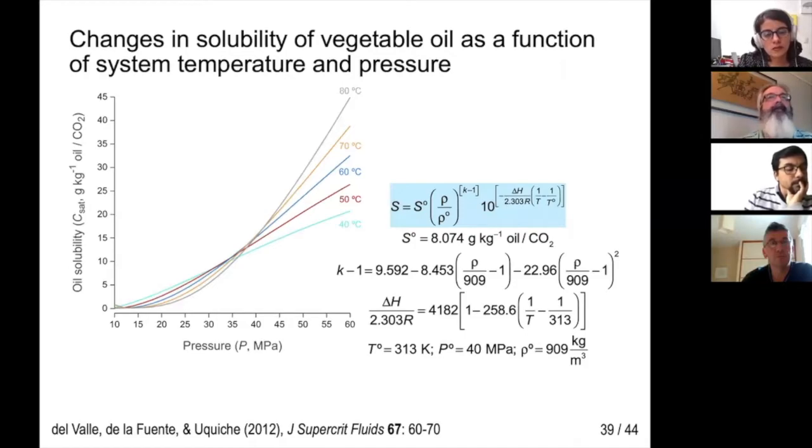Below 300 bar, oil solubility is small. Solubilities are more substantial and positively affected by system temperature above 300 bar.